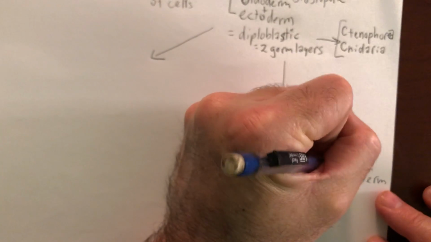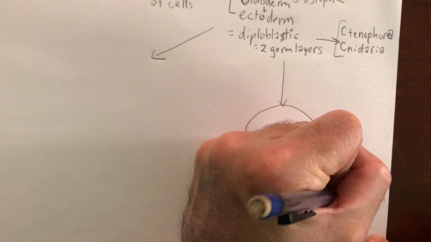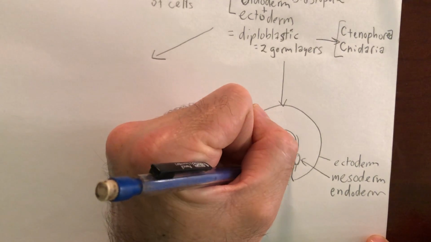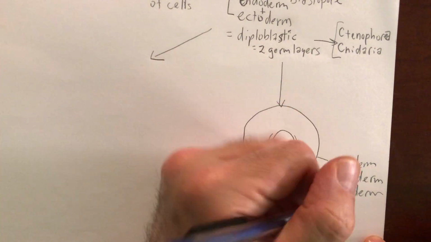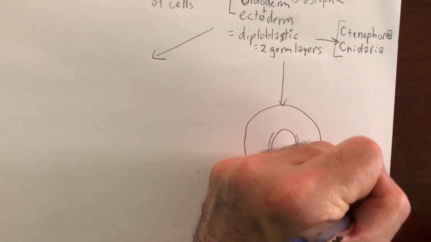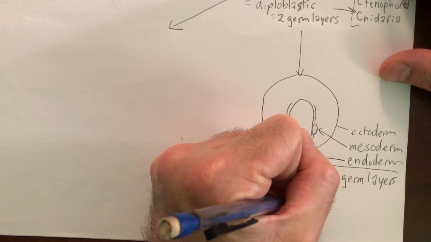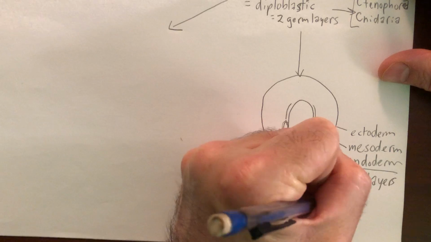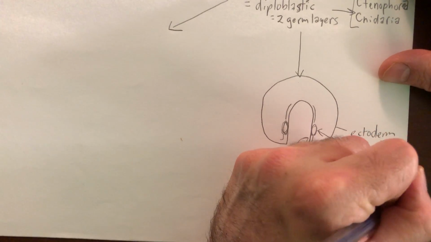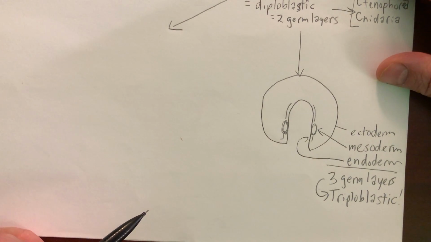So if we've got ectoderm and we've got endoderm, now we have three germ layers, and we can say that this organism is now triploblastic. Triploblastic: three germ layers, endoderm, ectoderm, and mesoderm.